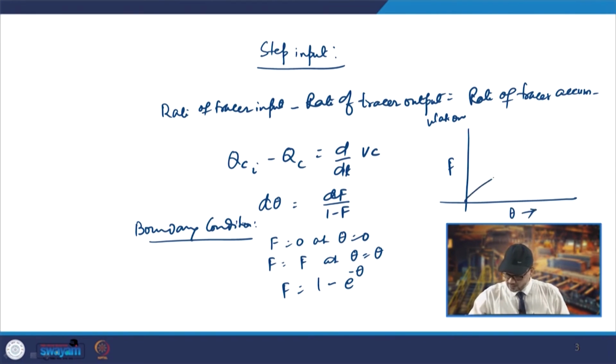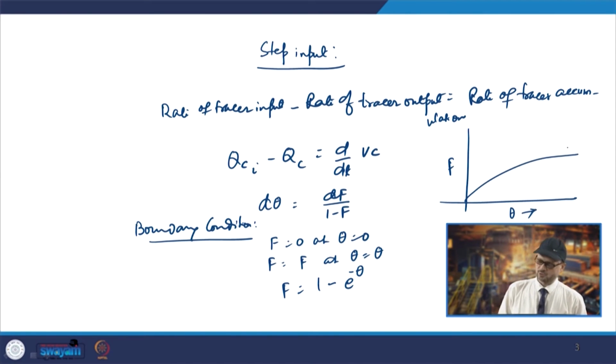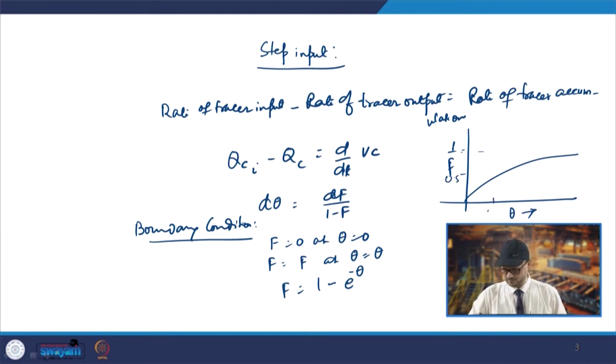So, it goes like this. Certainly this will be approaching 1 here, and this will be 0.5. Similarly, you will have 0.5, 1, 1.5, like that it will be moving.